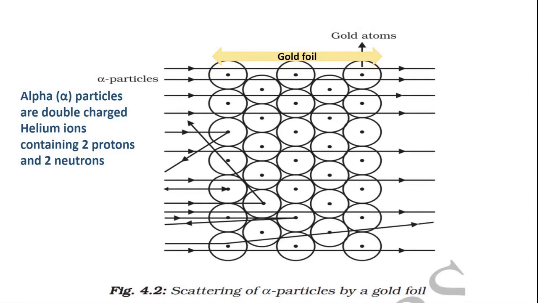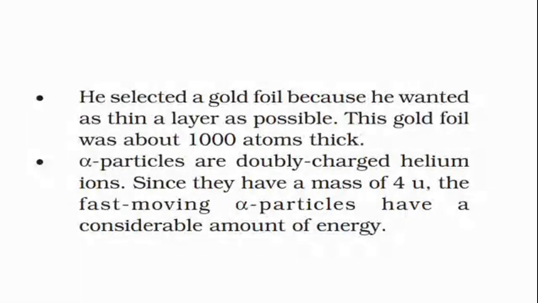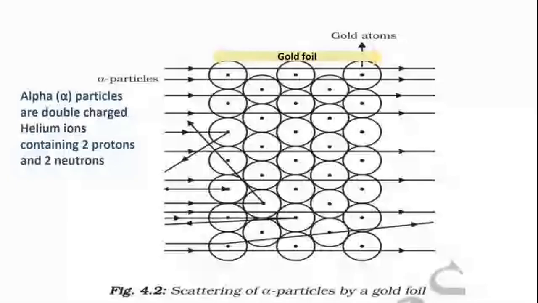So this experiment showed that J.J. Thomson's model could not really be accepted. Rutherford was able to say that, because here we can see so many rays, and only one ray is coming back 180 degrees, going and coming back.